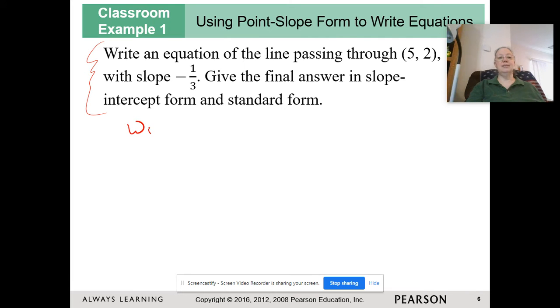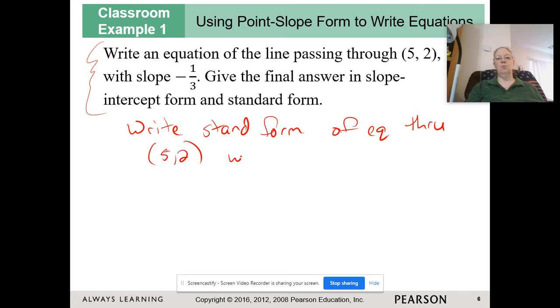They usually say this: write the standard form of equation through this point with this slope. Okay, so a lot of students see this word standard form and think they have to actually use standard form to write the equation.